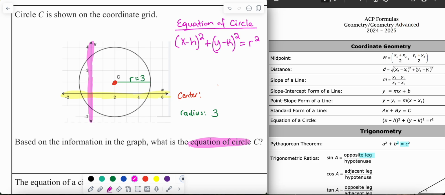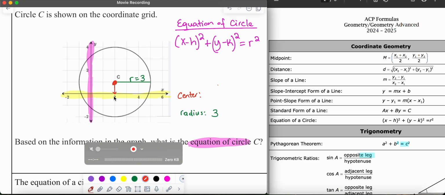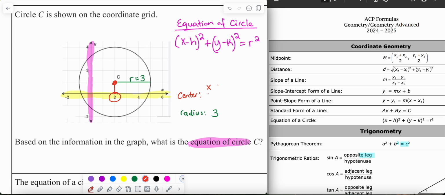All right. So when we say the coordinate of the center, you're going to go to the center and then you're going to go to your x. When you go right here, your x number is going to be 2. So you're going to have x and you're going to put 2, comma.